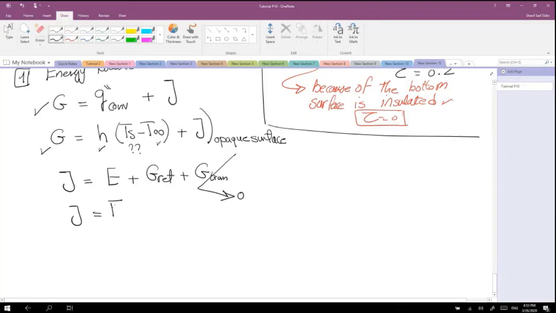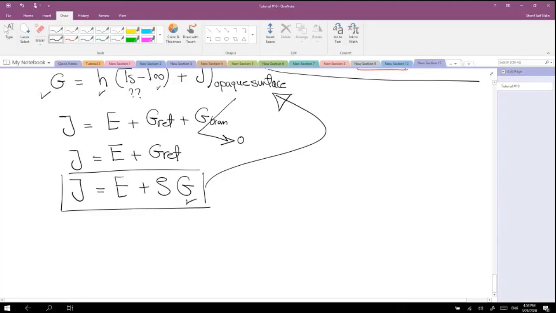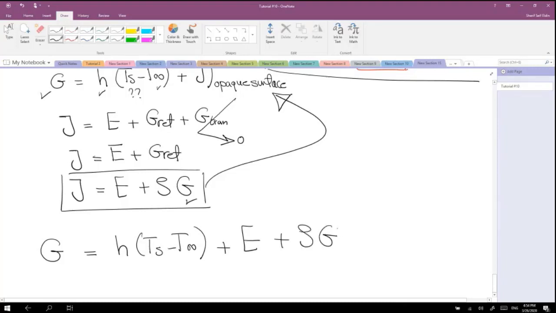So J is E plus G reflectance, so J is E plus rho multiplied by G, which is given to you. Let's substitute this into that equation. So G is equal to H (Ts minus T infinity) plus E plus rho G. Let's take this rho G to the other side here.